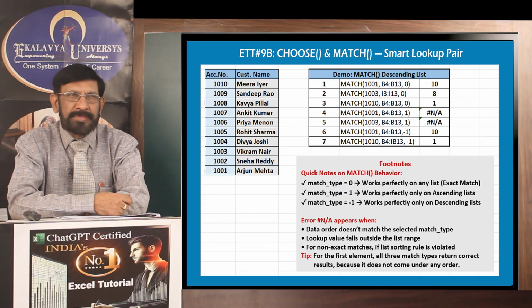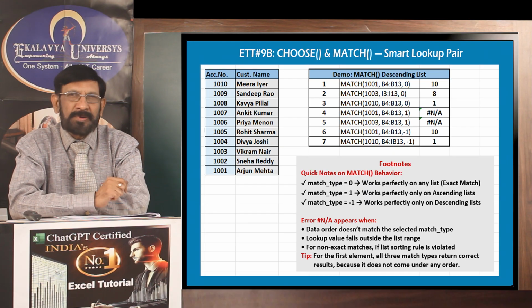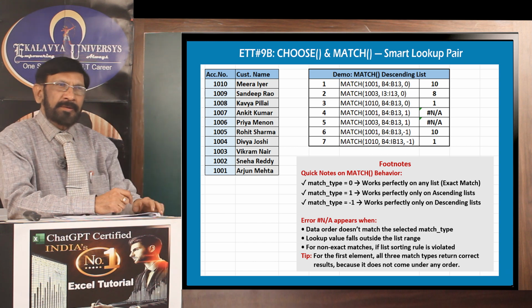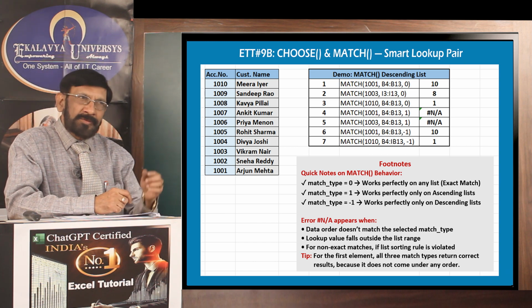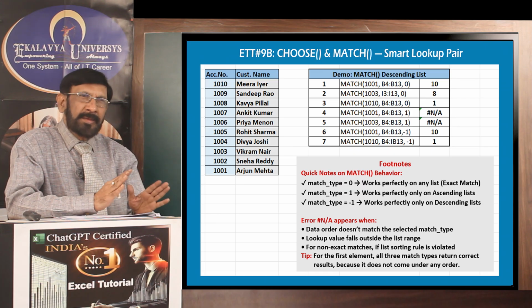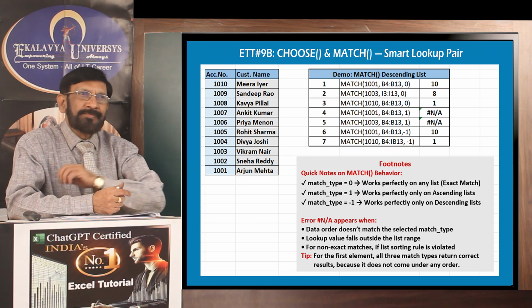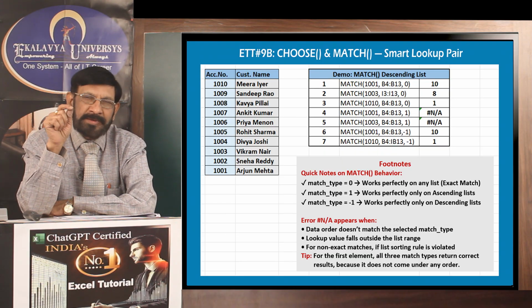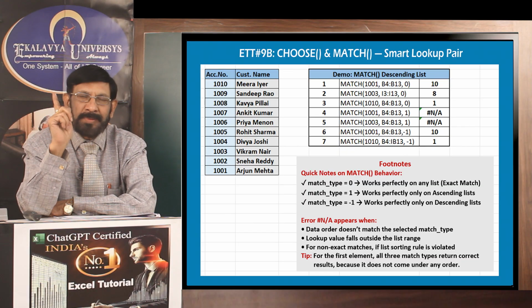Now, see the second program, 9B, previous one 9A. Here, the same list I converted into descending order. See that 1010, 1009, 1008, like that it is there. Same way we have written the table, and you see that for this, the applicable match type is either 0 or -1, but 1 we should not give.